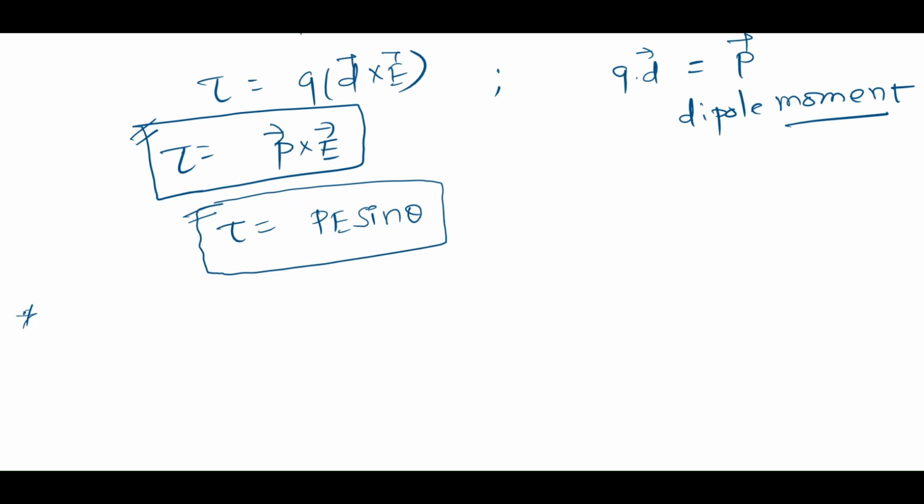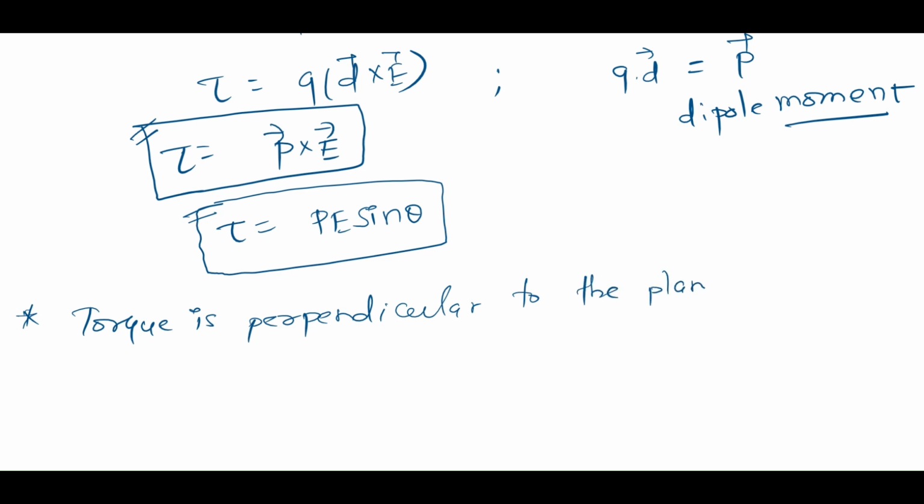Okay, so here we can write that the torque is perpendicular to the plane containing the axis of AB and also the electric field vector.